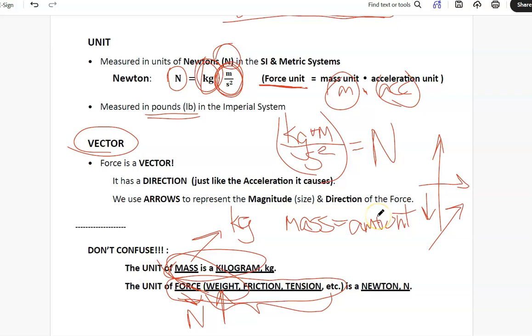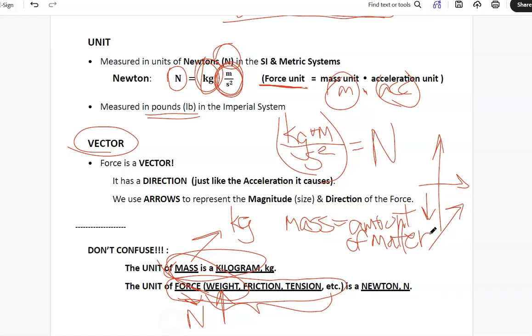The more matter in the object, the more mass. And all matter has mass. Solids have mass, liquids have mass, even gases have mass, even plasma. The stars are made of plasma, they have mass. The air that we breathe is a mixture of gases, and that has mass, and we measure mass in kilograms.